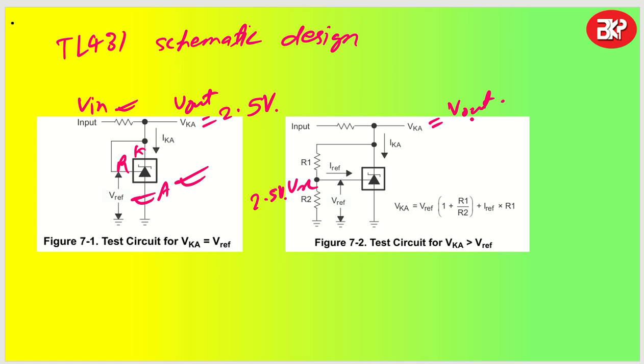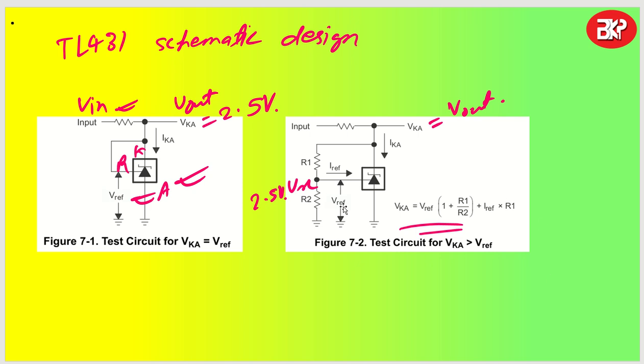So this is the formula we will be utilizing. In simple terms, we will discard this I reference into R1 because it is very insignificant, since I reference is the current flowing in the reference pin, which is in microamperes. So the value of this will be very insignificant. The normal formula we will use is V reference into 1 plus R1 by R2.